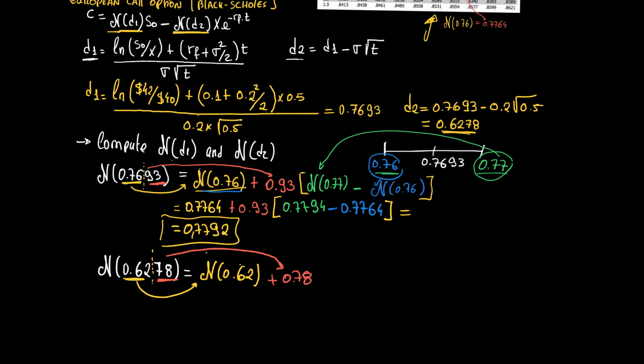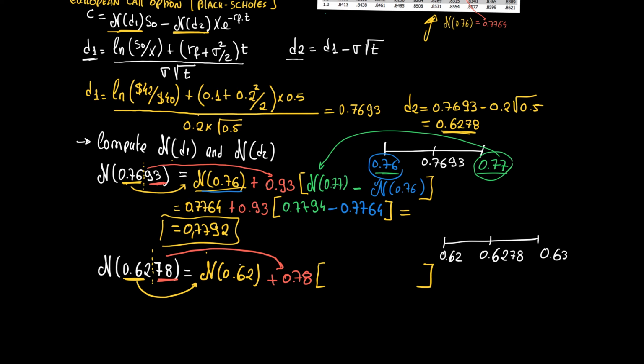And then I put this in between an interval. Maybe I need to put more space in this interval. Okay. So what is this interval again? The number 0.6278 falls in between 0.62 and 0.63.